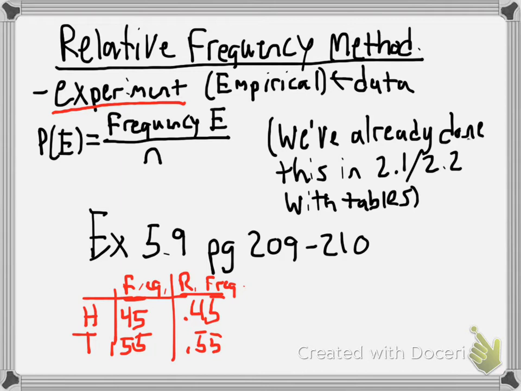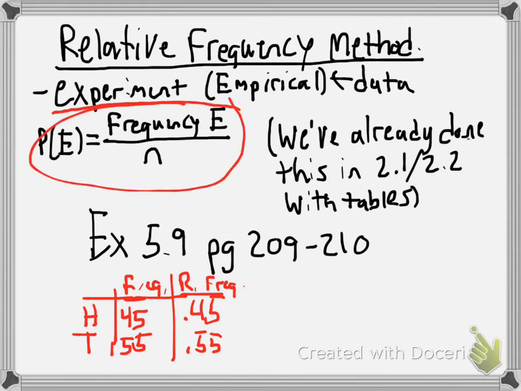We know that that's not necessarily the right answer because it's still flipping a coin, and we can use classical probability for that, but I'm just using a simple example. For any real probability problem, we can come up with categories, the outcomes in the sample space are the categories in the table, and then we can conduct this experiment ourselves and figure out the probability by dividing the frequency by n.